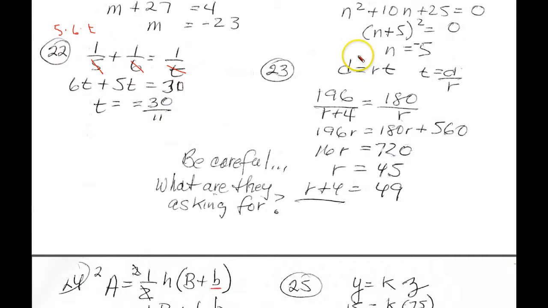Here we have somebody going upstream or whatever. They're two different people with different rates, and we're using the distance formula, but what they said was time was equal to each other. So this is time equals time.